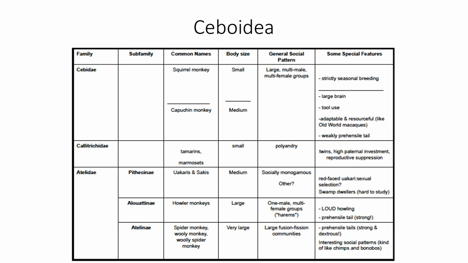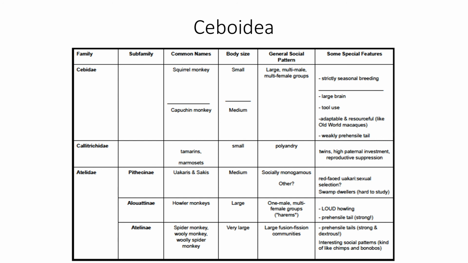And then our spider monkeys are very large, but also very spindly and lanky. They don't weigh a lot, but they do have super, super long arms and legs. And they live in large fission fusion communities, so many males and many females will live together. We'll talk a little bit about these social communities in this section, but we'll dive a lot deeper when we talk about behavior.